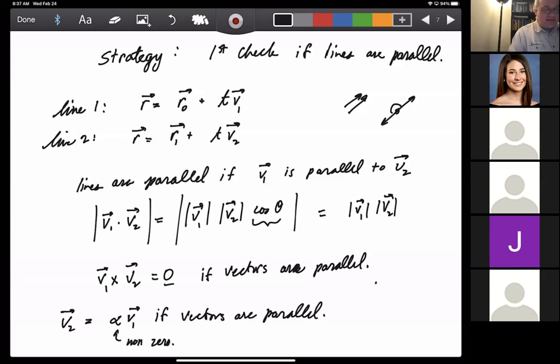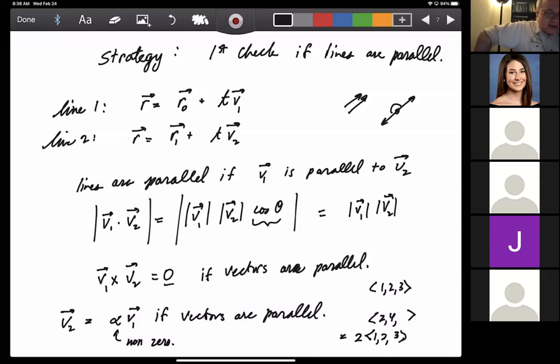So for instance, if I have the vector 1, 2, 3, and the vector 2, 4, and I don't know the third component, how could I make these two vectors be parallel to each other? Well, it looks like the second vector is 2 times 1, 2, and then I need something. So 1 matches up, 2 matches up.